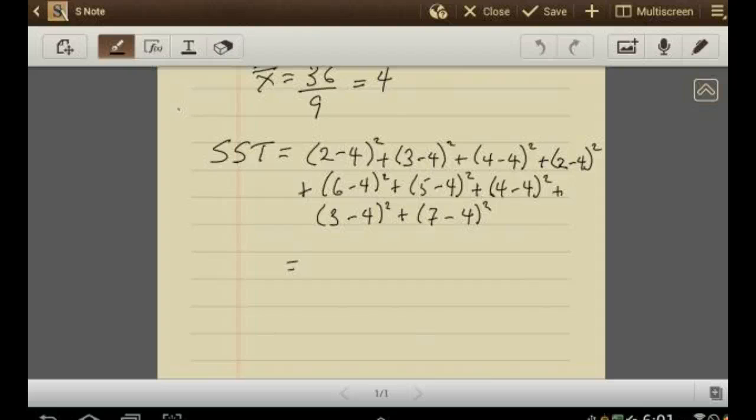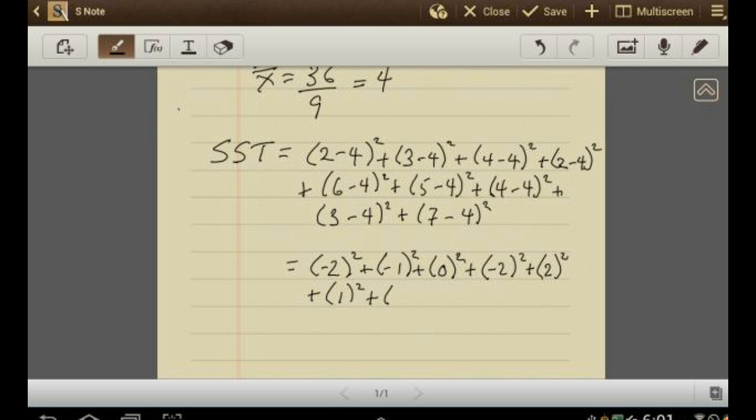So we're going to end up with minus 2 squared plus minus 1 squared plus 0 squared plus minus 2 squared plus, now 6 take 4 is 2 squared plus 5 take 4 is 1 squared plus 4 take 4 is 0 squared plus 3 take 4 is minus 1 squared plus 7 take 4 is 3 squared.